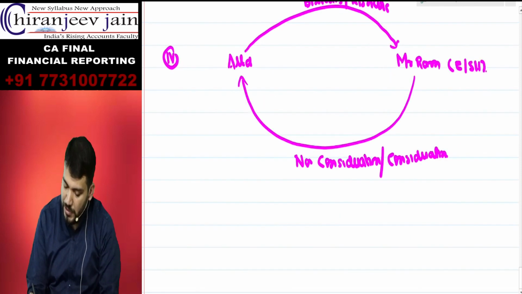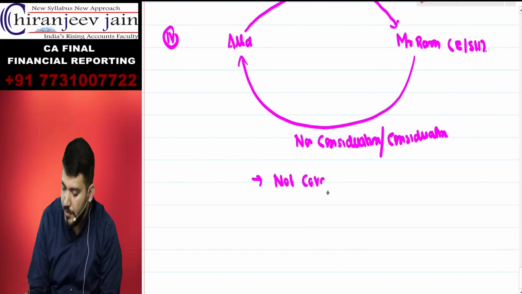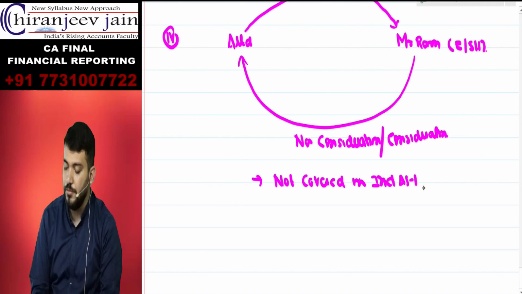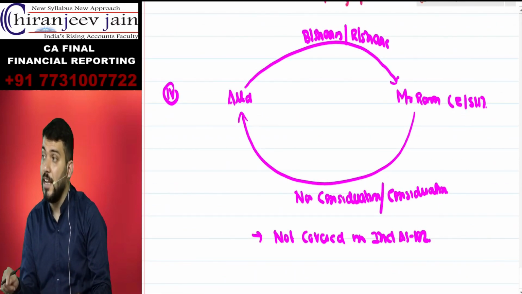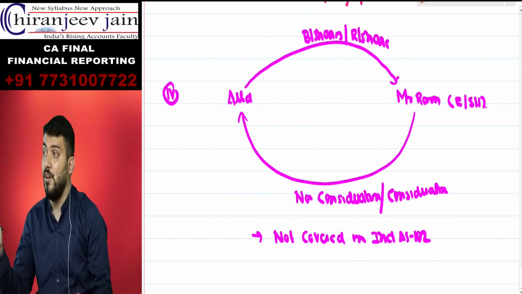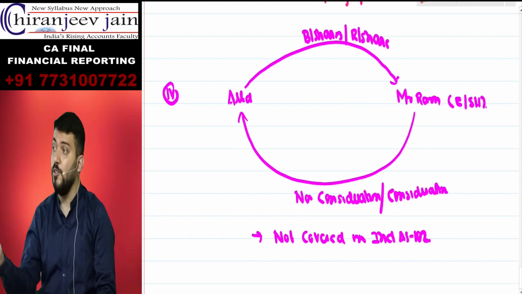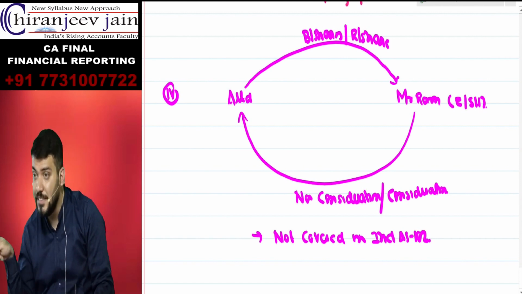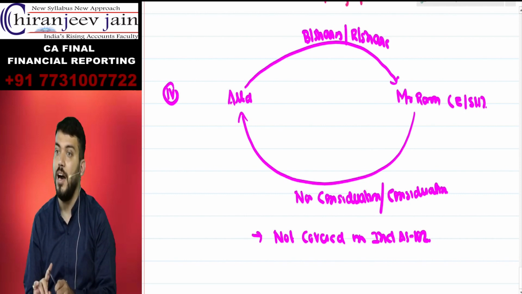No. So this example is not covered in Ind AS 102. Because here this transaction is based on the capacity of shareholders, not on the basis of capacity of employee. The bonus has been given to the employee in the capacity of shareholders. Therefore, it is not covered under Ind AS 102. Are you getting what I am saying?